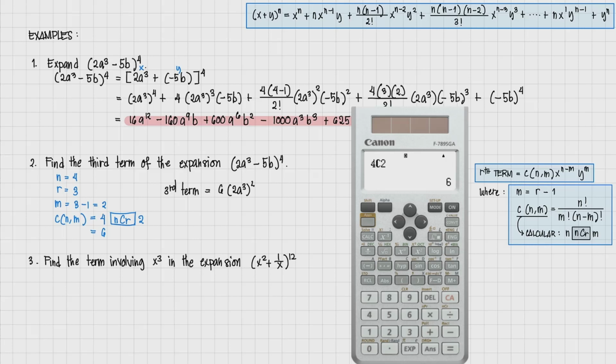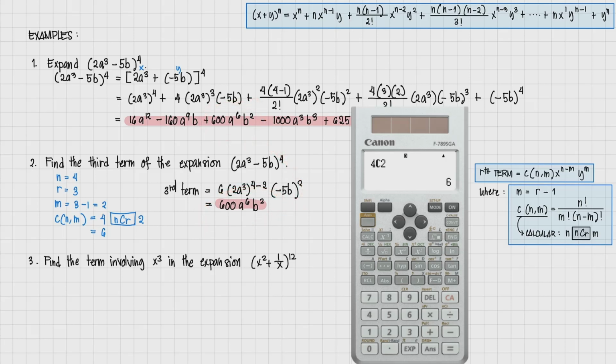So our n is 4 minus 2 times y, which is -5 times b raised to m, which is 2. So if we simplify this one, you'd get 600 times a raised to 3 times 2. So that's 6 times b raised to 2. So that is the third term, as we can confirm dito sa ating first example.